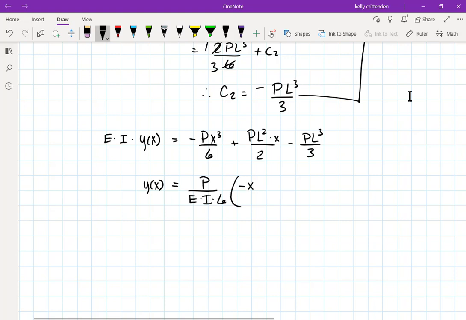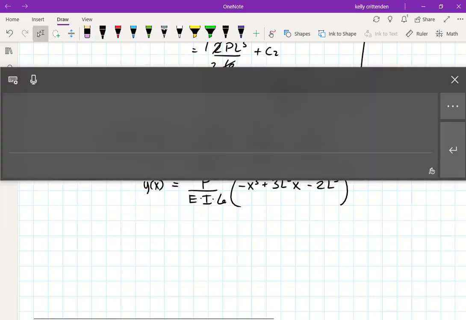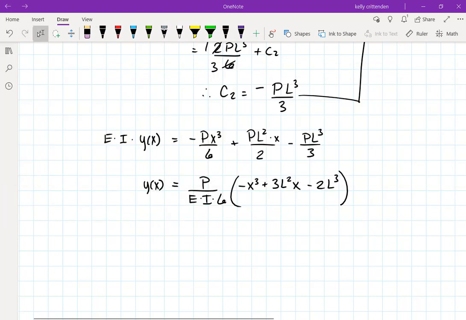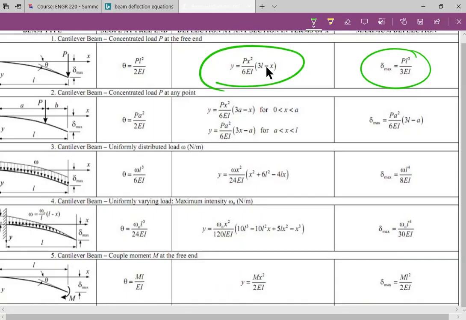So negative x cubed, 3L squared x, and this one we need negative 2L cubed. That equation, if I were to plot it, would give me the actual shape of my cantilever beam. And I don't know if it's the exact same form that is in this little guy or not. Let's see. No, they have it simplified a different way.